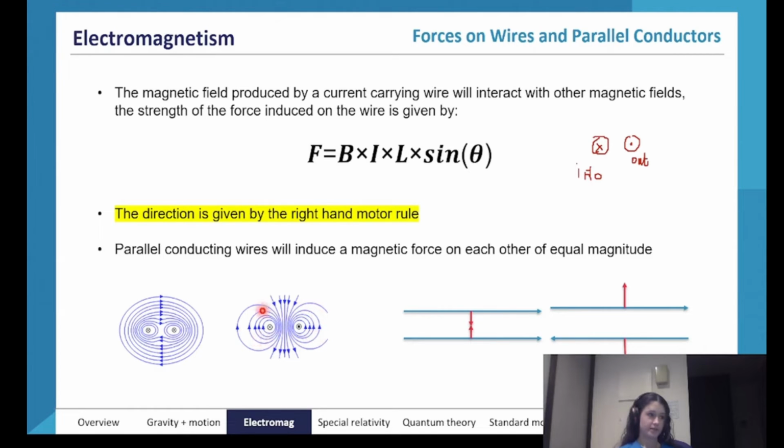As you can see, the forces are going to cancel out, or rather oppose one another. Because at this point, as a result of this wire, the force wants to move in this direction.